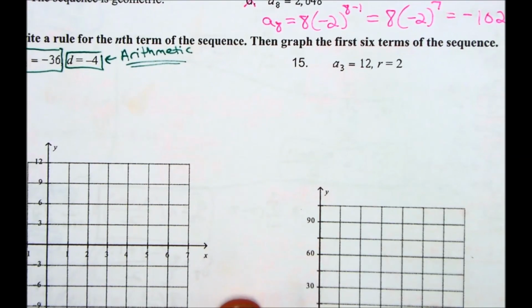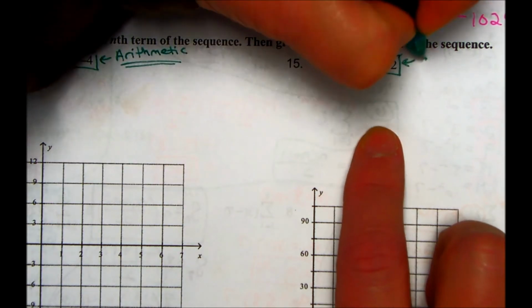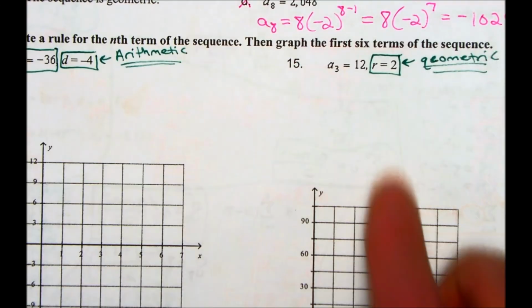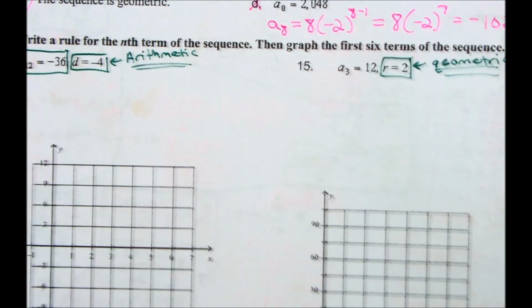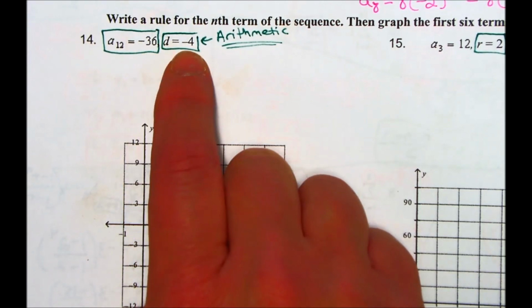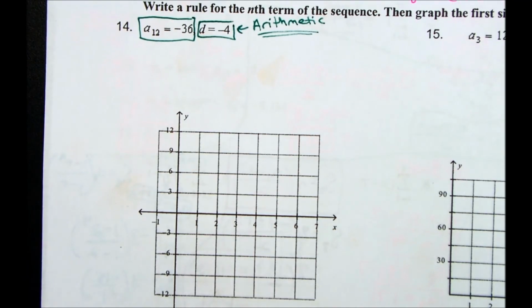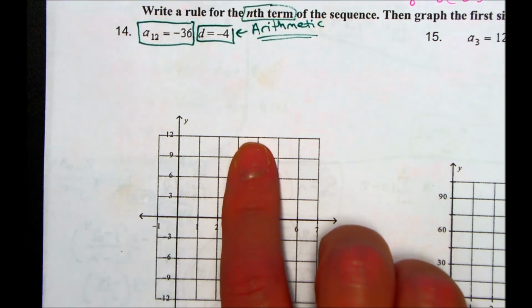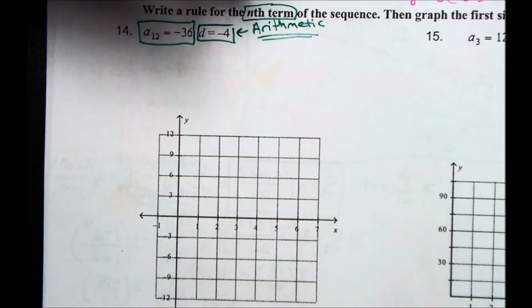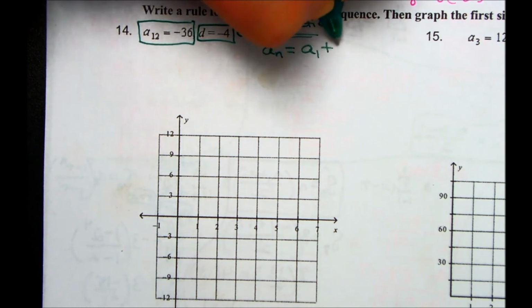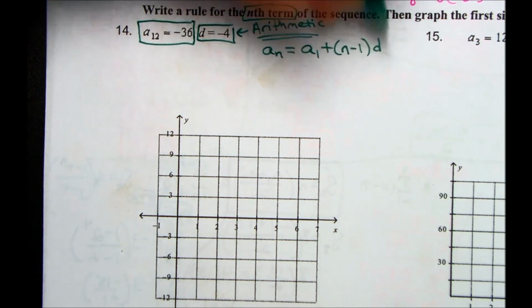If you look at number 15, they're giving you an r. So that r tells you that you're going to be writing a geometric sequence. They're giving you the 12th term of this sequence is negative 36, and they're telling you the common difference. But in order to write the rule for the nth term, we have to know the first term, because again, our rule is a sub n equals a sub 1 plus n minus 1 times d.